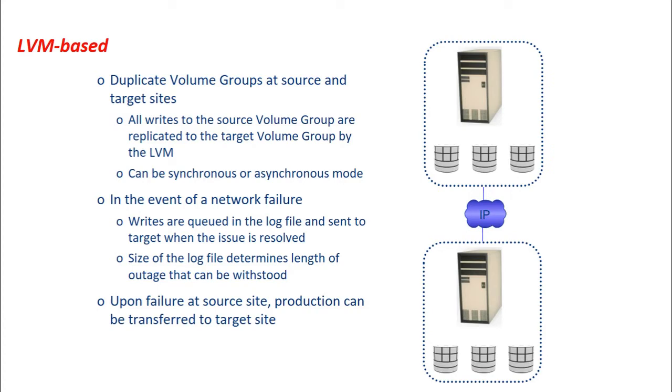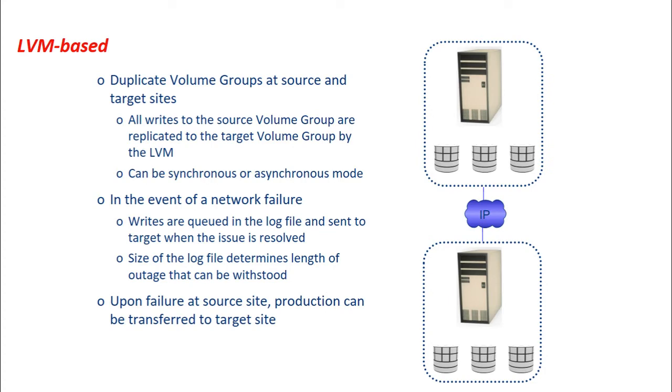Writes to the source volumes are transmitted to the remote host by the logical volume manager. The logical volume manager on the remote host receives the writes and commits them to the remote volume group.